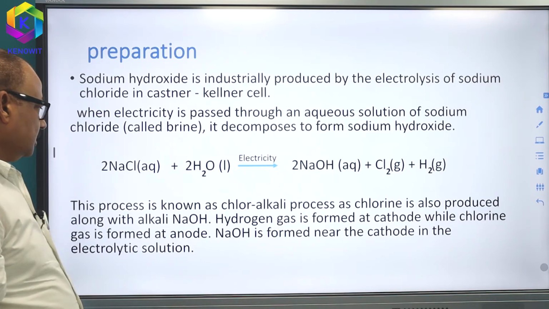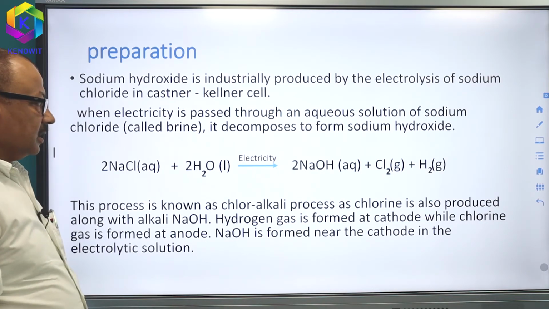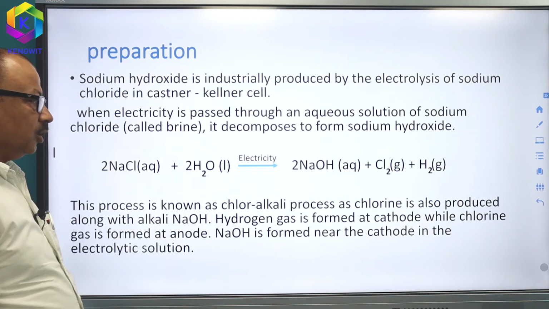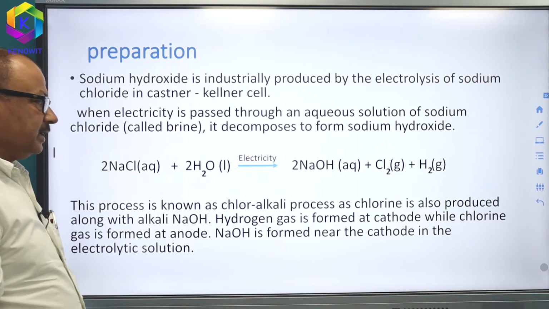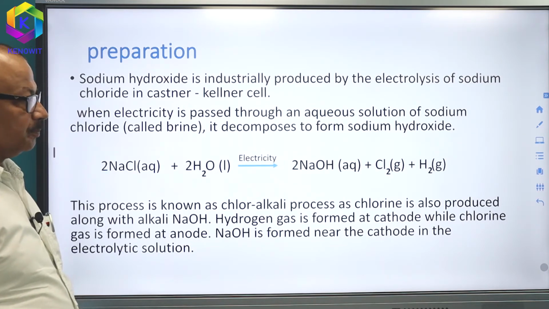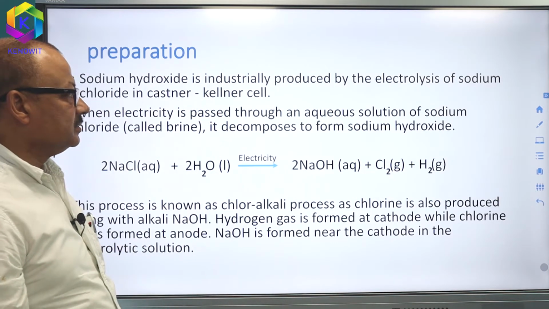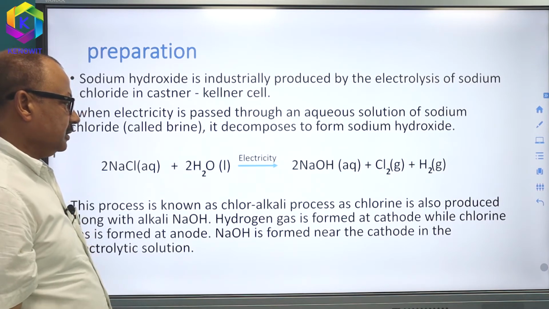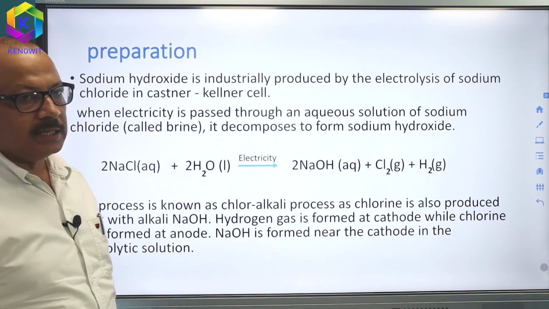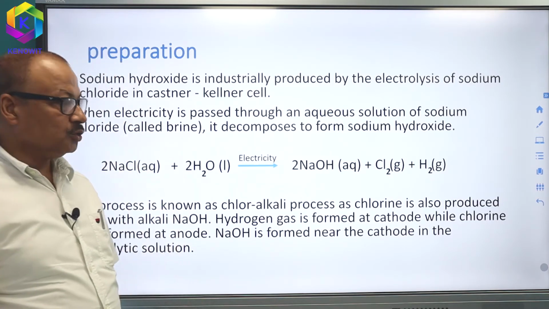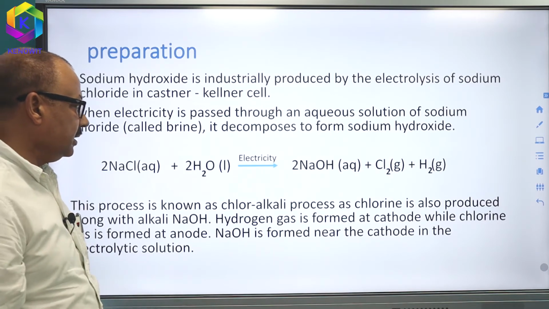In this process, chlorine and hydrogen gas are evolved. Hydrogen gas is formed at the cathode and chlorine gas is formed at the anode. This process is known as the chlor-alkali process.